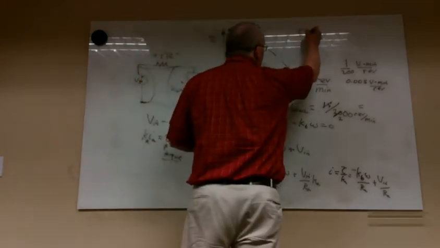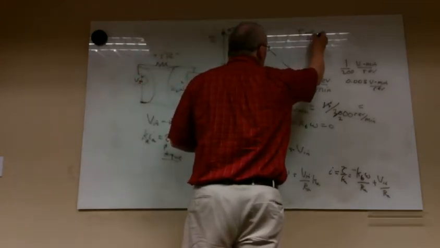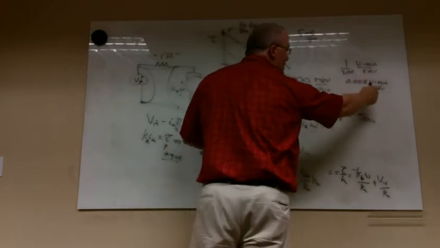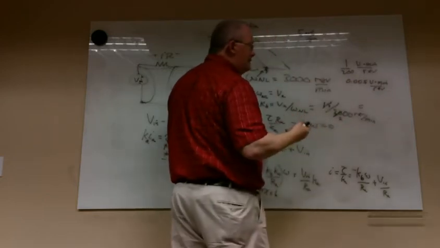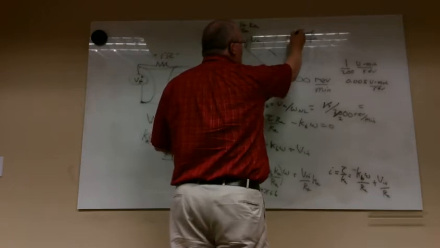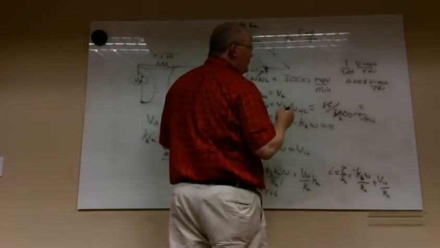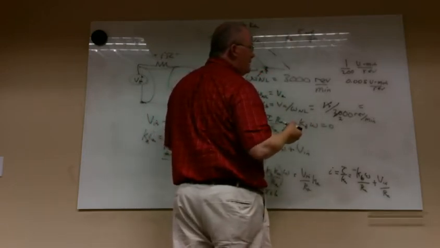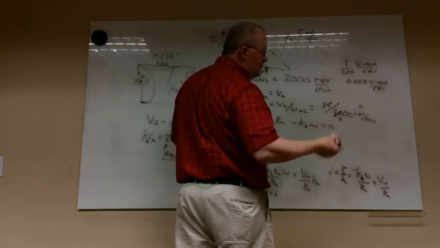You could say that, but I prefer putting it as volt minutes per rev because, to be honest, even though Kb is equal to that, I'd rather put it in volts per radian per second.